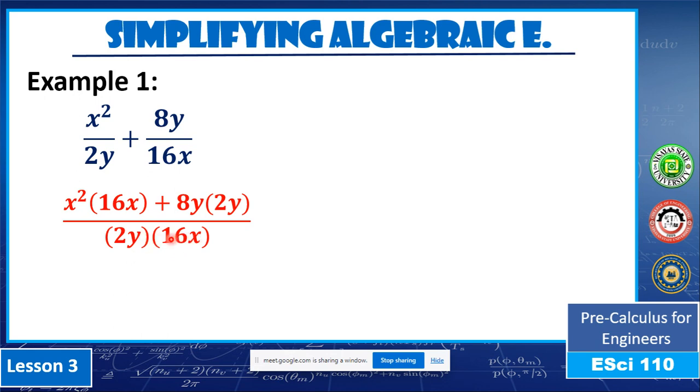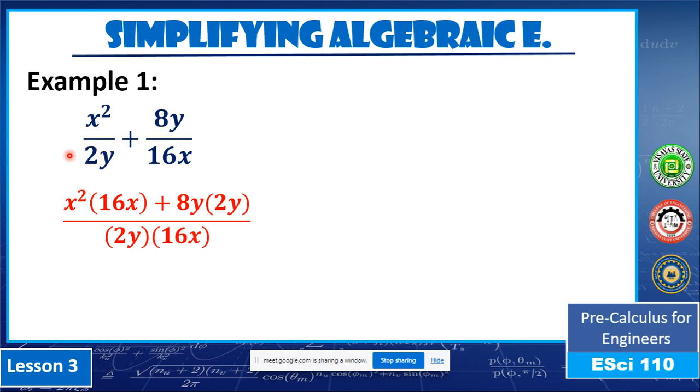Then in order to get the first term, as what I have told, meron ding nag-question. So you can have the shortcut, yung pag-cross multiply in order to get the terms. So the lengthy part, or the pinaka long method is 2y times 16x divided by 2y. So we have 16x.